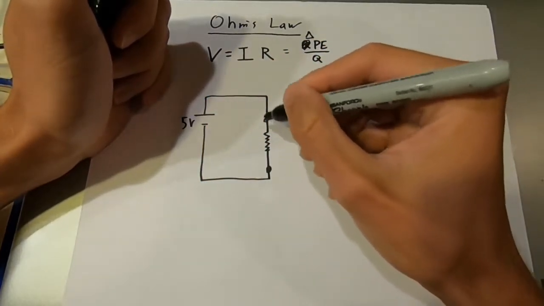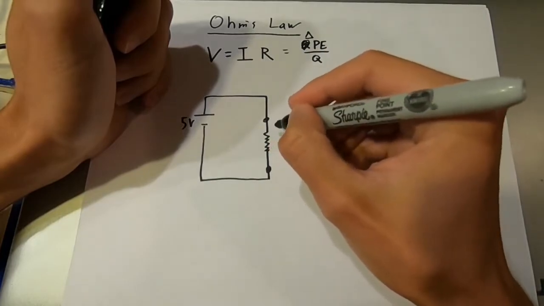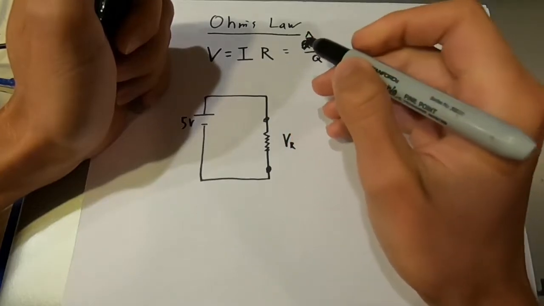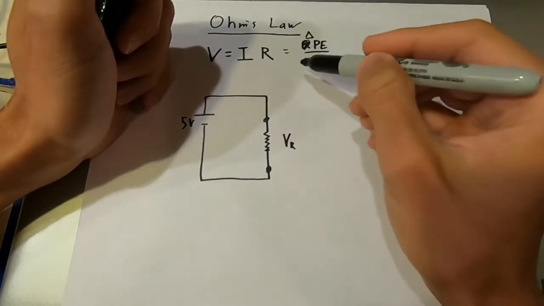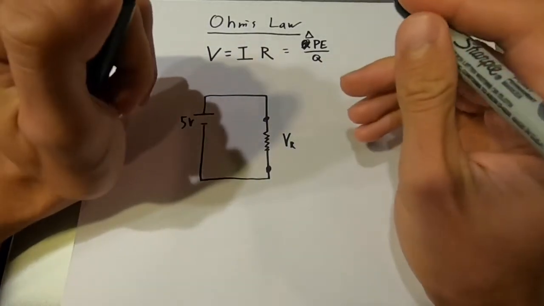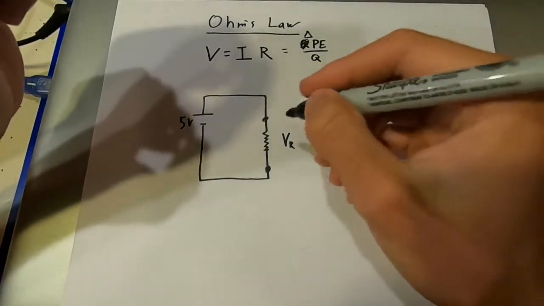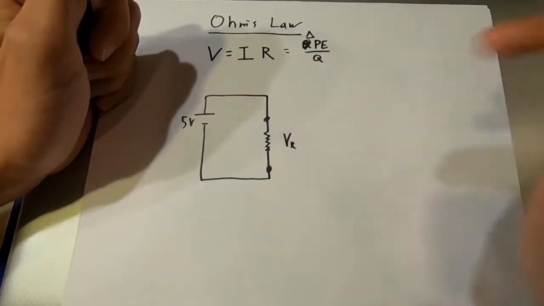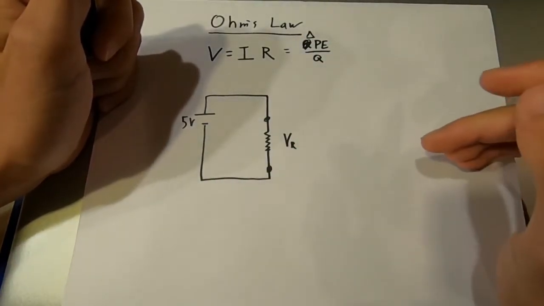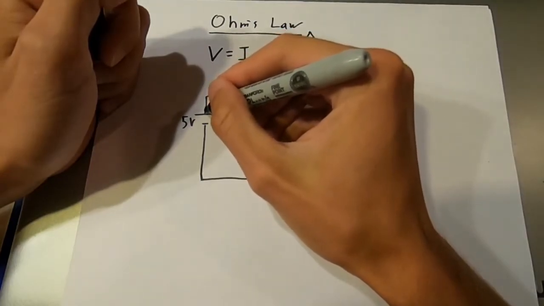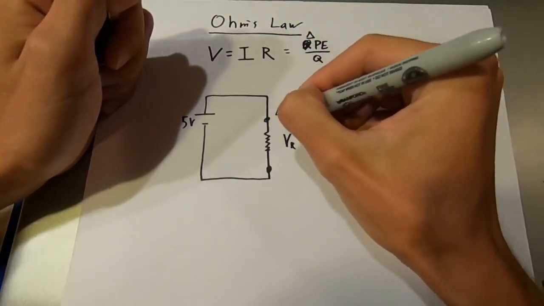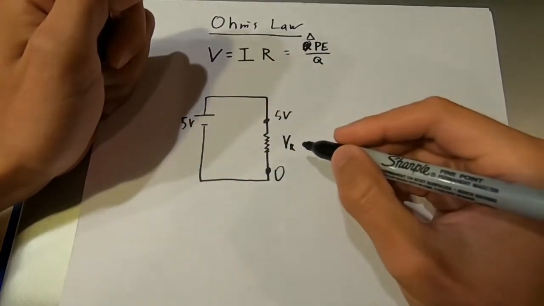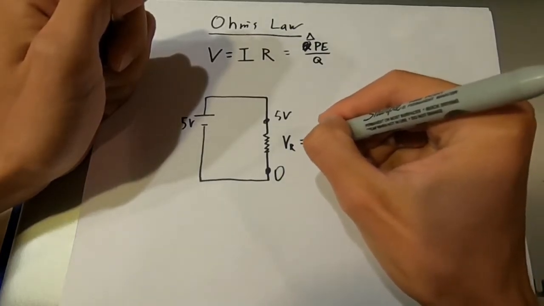So the voltage difference across this resistor, VR, is going to be proportional to the current that is going through it. Okay. So in this circuit, it's really simple. We only have one resistor, so we have 5 volts at the top here, 0 volts down here. So the voltage of the resistor is going to be the same as our battery, which is 5 volts.